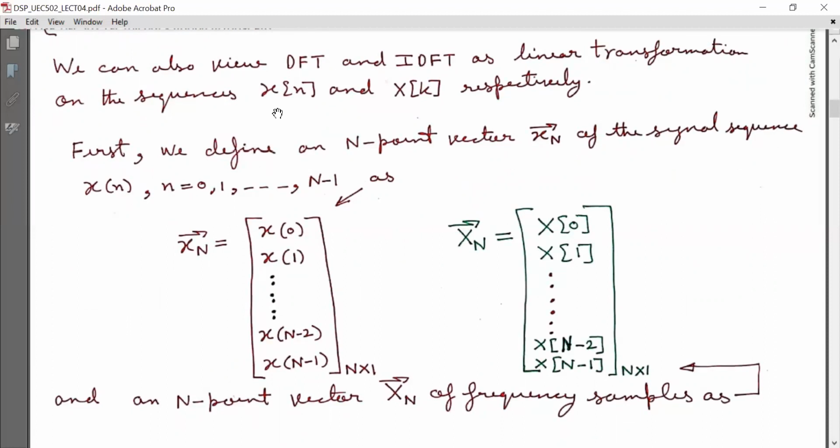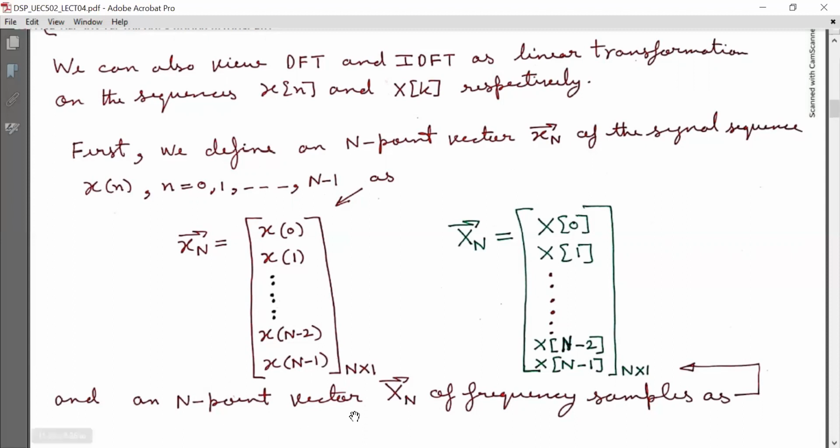But first we define an N point vector, small x vector of the signal sequence x[n], where n is ranging from 0 to N minus 1, as small x vector with dimension N cross 1, where the first element is x0 corresponding to n equal to 0, the second element is x1 corresponding to n equal to 1, and the last element is x[N minus 1] corresponding to n equal to N minus 1.